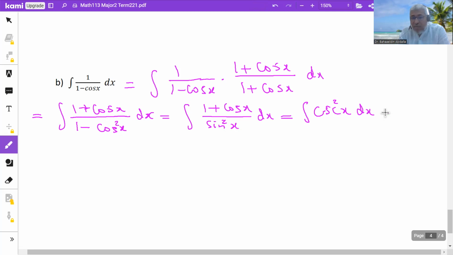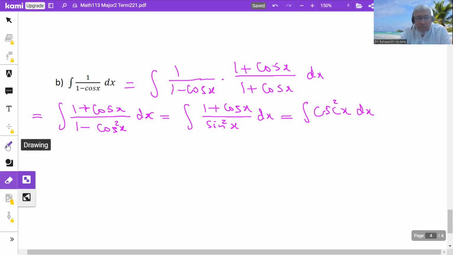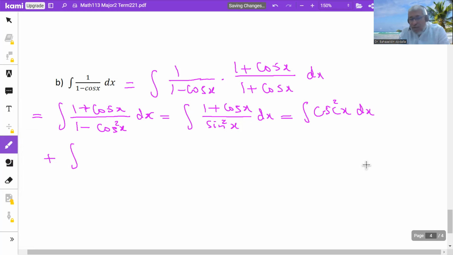And the other one is plus cosine over sine squared.